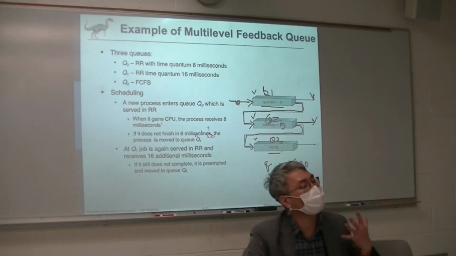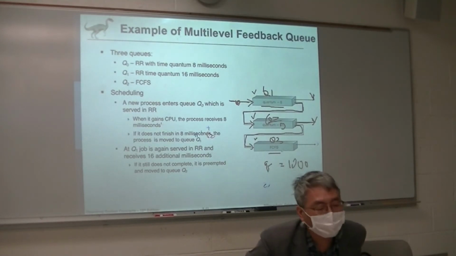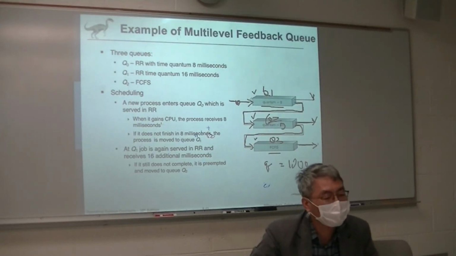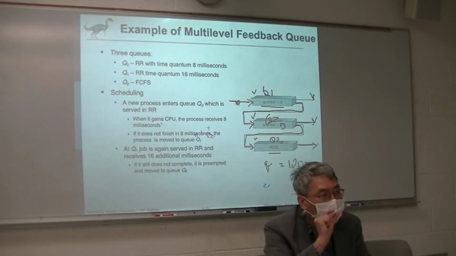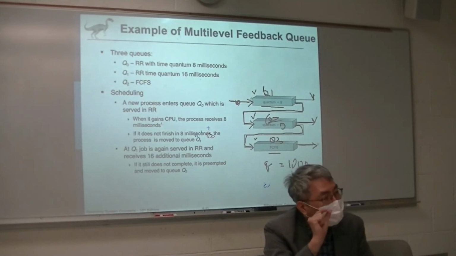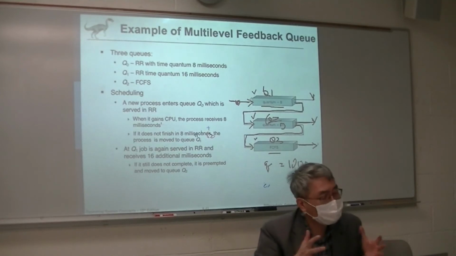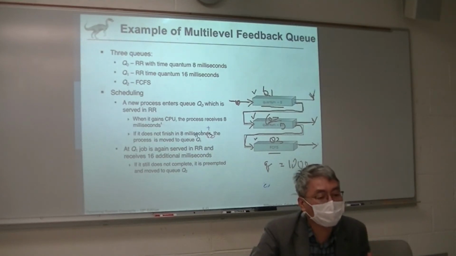Q3 is first come, first serve, non-preemptive, which means it will be terminated over here. So a process always enters the queue with the short quantum size, the round robin queue. If it is small, the process will be completed here. Otherwise, it will move to the next one, and the next one, like this.